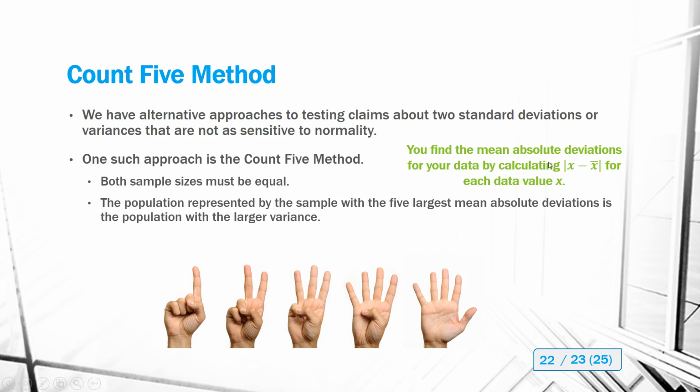But you're going to calculate this value out for each one of the data values in your set, pick out the 5 largest ones, and if all 5 of the largest ones are in the same data set, then that means that the population represented by that data set has the larger variance. If you don't get the largest 5 within the same data set, then you're pretty much concluding that the variances are more or less the same.